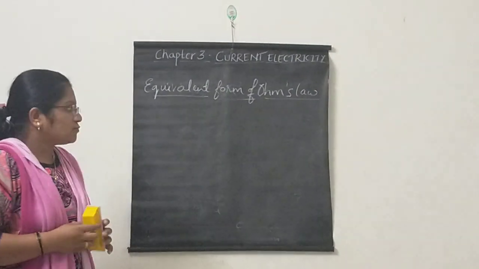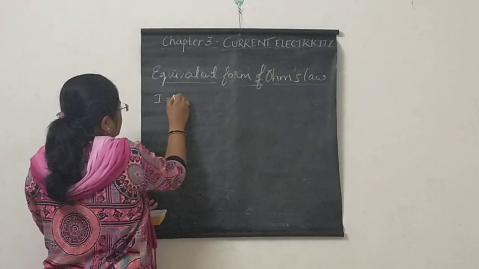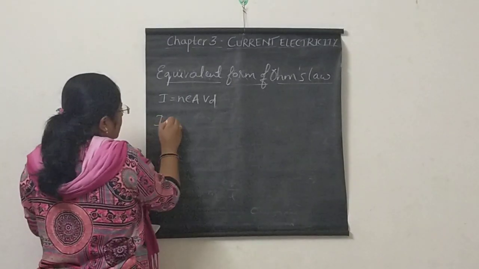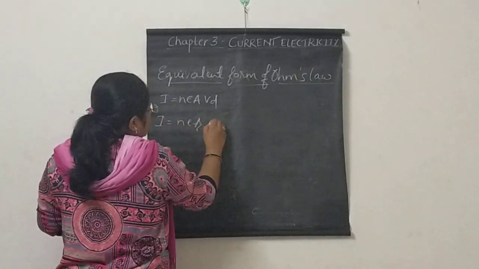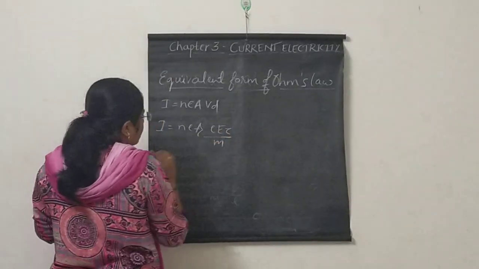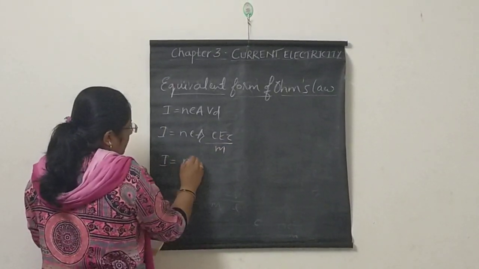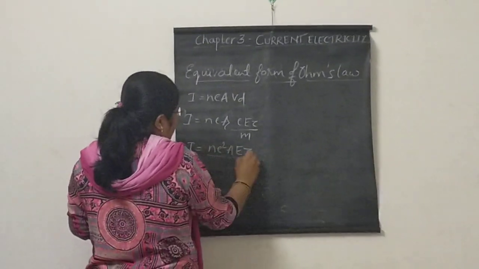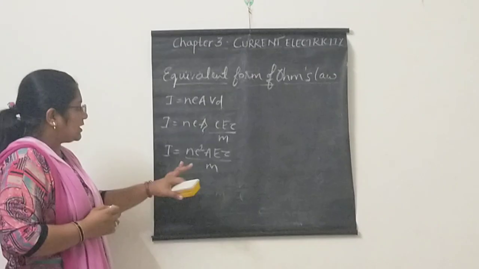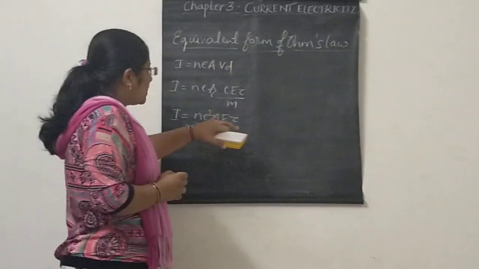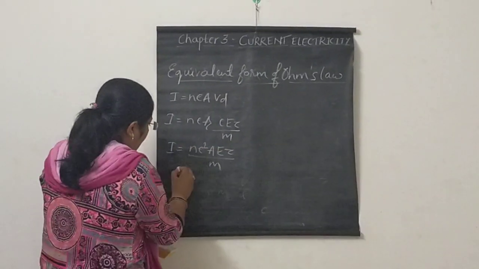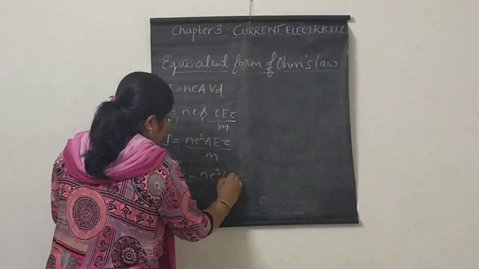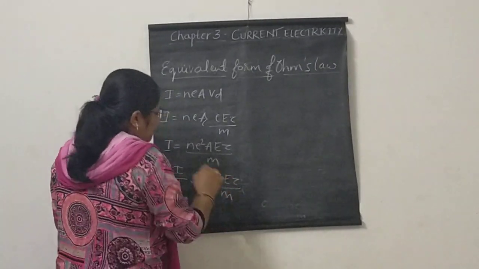Understood? For that I'll consider I is equal to n e A into v_d, and v_d is replaced by, what is v_d replaced by? e into E tau divided by m. So what happens? n e square A E tau divided by m. By keeping all the things on that side, I'll take this A to this side: I divided by A equals n e square E tau divided by m.